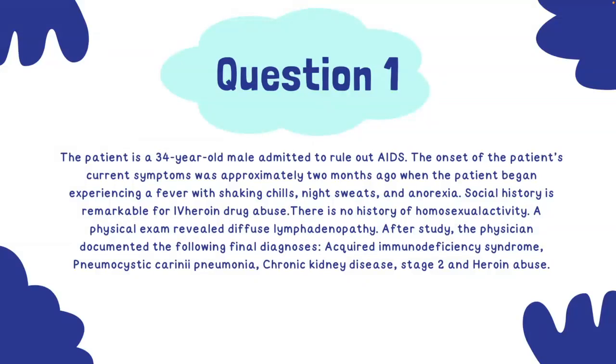So then I continue to read the scenario. I see that my patient does have a history of IV heroin drug use. I also see that the physical exam reveals diffuse lymphadenopathy.